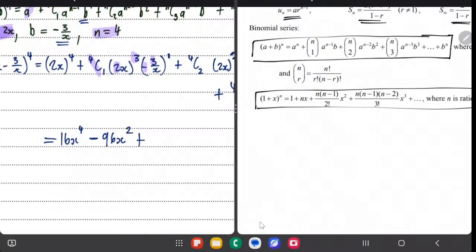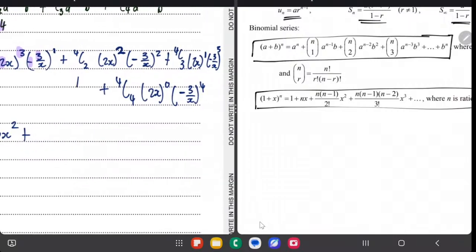Then plus. Now what is 4 choose 2? Then multiplied by 2 squared. Multiplied by, in brackets, negative 3 all squared, which is 9.